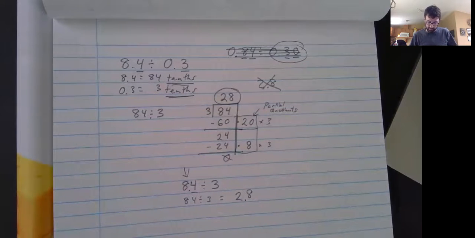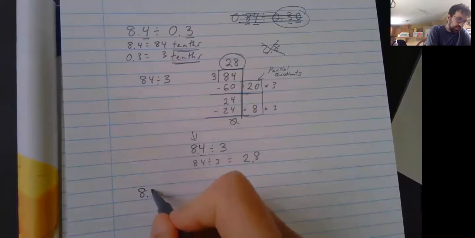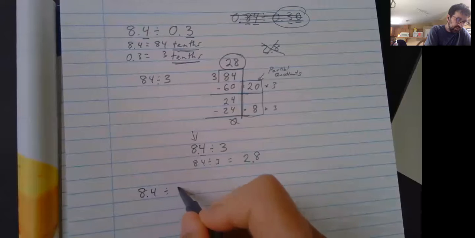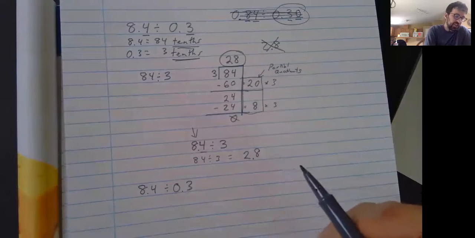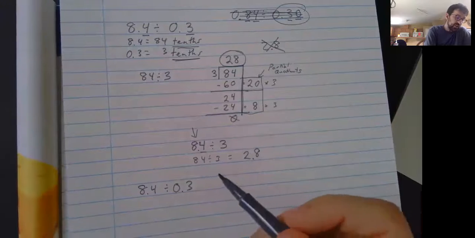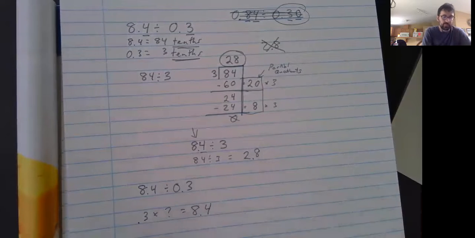Let's see here. Another way to approach this problem, another strategy. If our original problem is 8.4 divided by 0.3, again, another strategy here is to think about this as multiplication. So I could think about this as 0.3 times what equals 8.4, right?